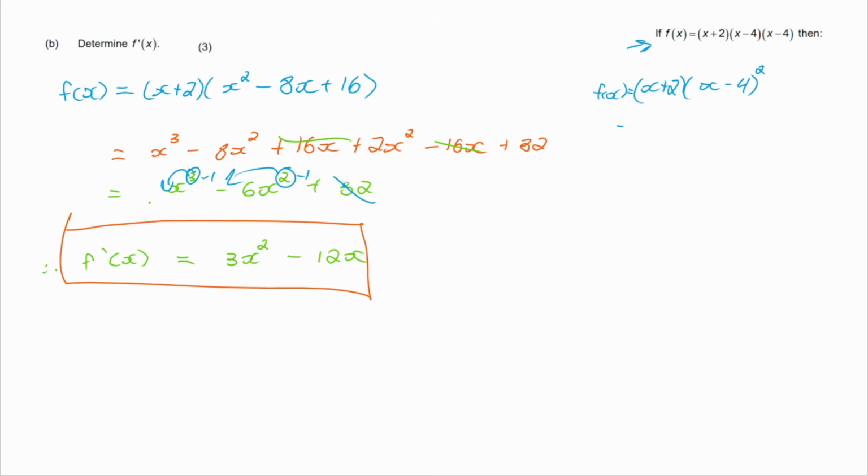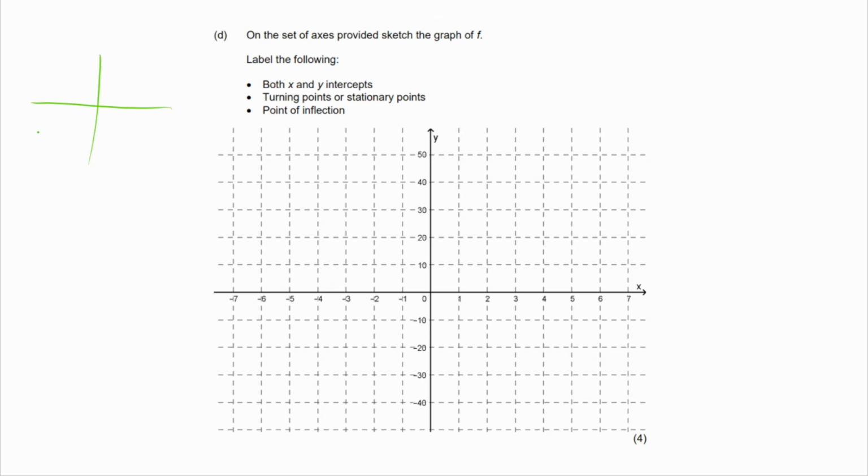Here's the equation of f(x). We know that it's positive in front, so the general shape of a positive cubic will look something like this.